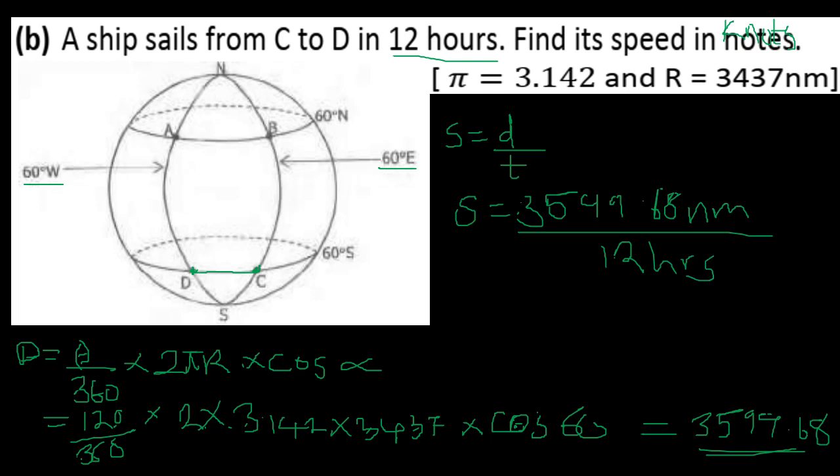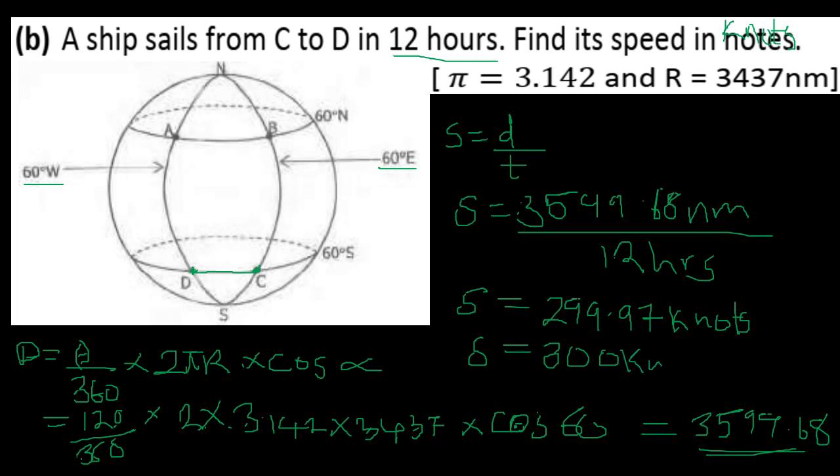Then our speed for the ship is this answer divided by 12 hours, and our speed is equal to 299.97 knots, or you can just say the speed was equal to 300 knots.